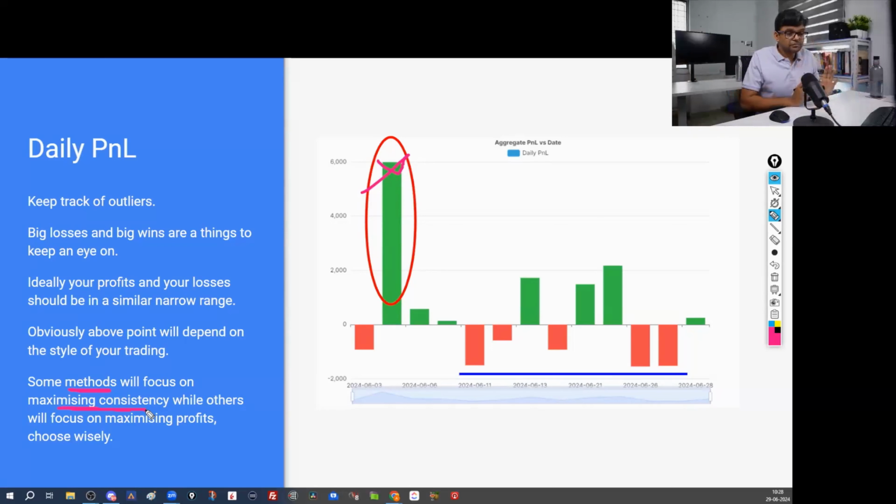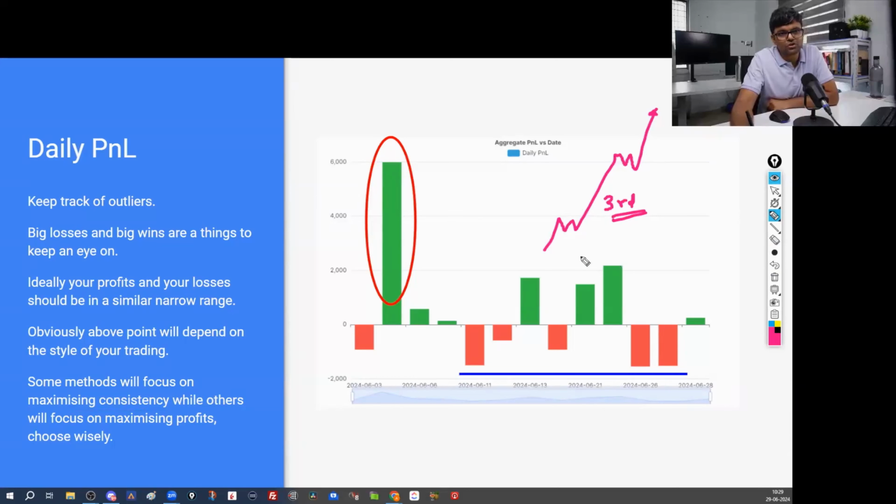Then there are methods which choose to maximize the profits. They want maximum profits from their trades. So trend following kind of falls in that. If you're an Elliott Wave trader, you will probably realize this, that you would like to catch the third wave, as they call it, because it gives you maximum profit potential.